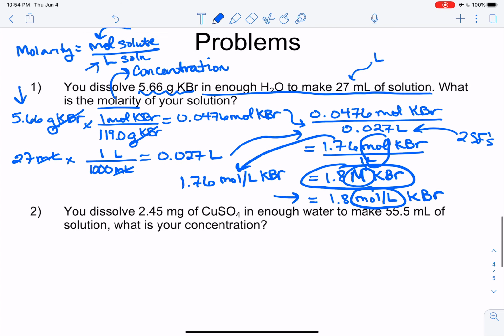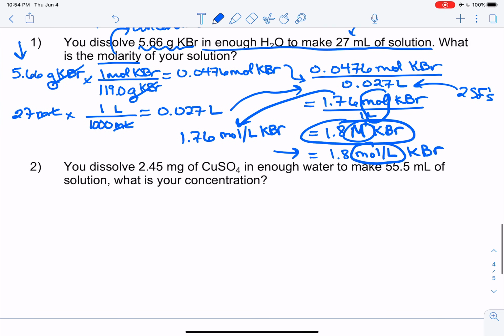Okay, so we're going to dissolve 2.45 milligrams of copper 2 sulfate in enough water to make 55 milliliters of solution. And we want to know what our concentration is. And the only concentration that we have done so far is molarity, so we're going to assume that's molarity.